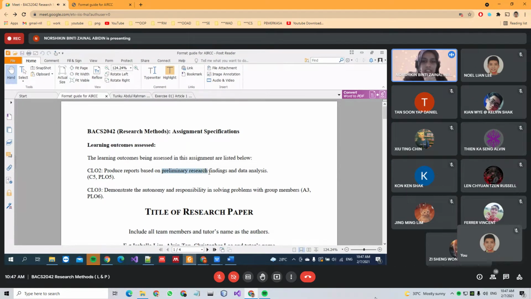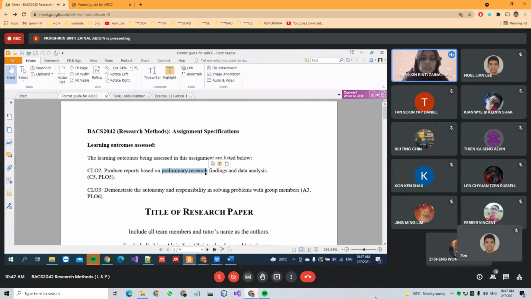Preliminary research is like, how to give an example. For example, for my research, I developed a gaming mobile learning application.